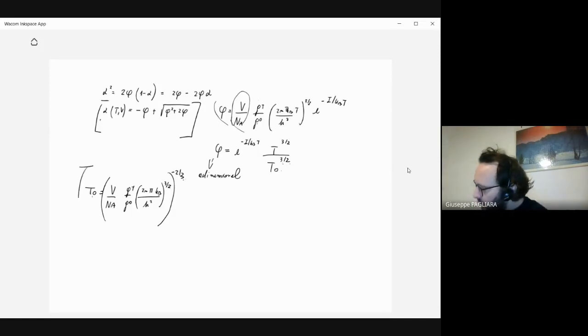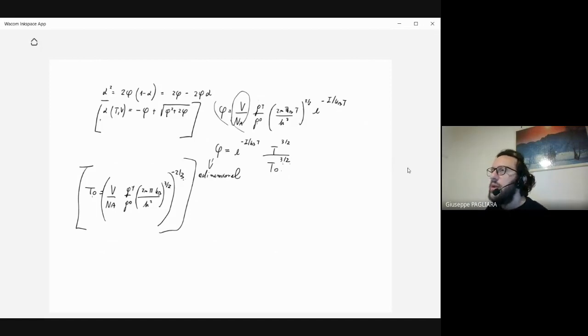So we will compute in a moment this quantity here, which is in front of the exponential, and basically this quantity determines the degree of ionization.